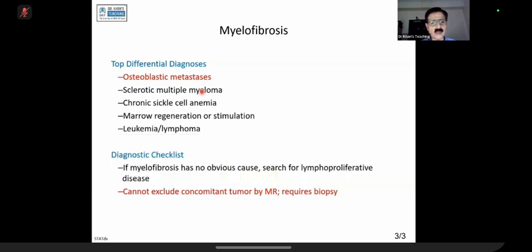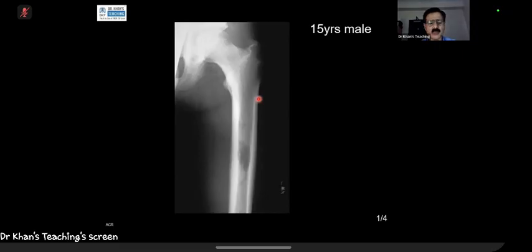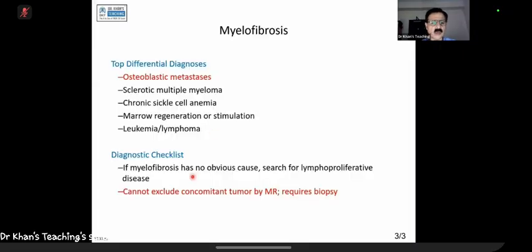Then you will end up doing a second study. The second study can be, let's say, a bone scan. It can be a PET scan, and if you give contrast, the metastasis will enhance. This will not, but nobody does it on an MR. You will have to do a secondary image, and ultimately they will do a biopsy to rule that out.